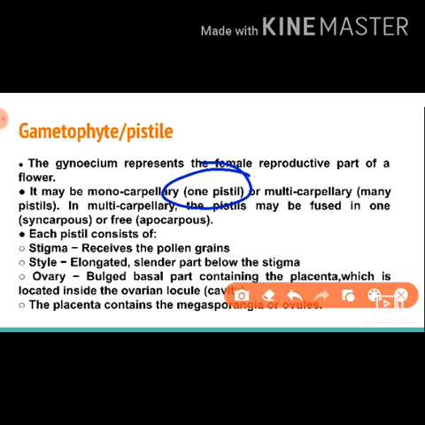If they contain only one pistil or only one carpel, such a gynoecium we call monocarpellary. And if it contains more carpels or more pistils, we call it multicarpellary. Monocarpellary if only one pistil, multicarpellary if many pistils. This we already know.